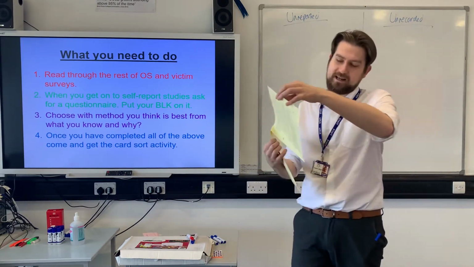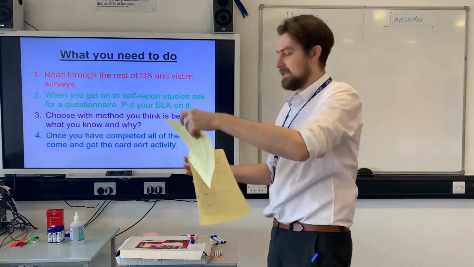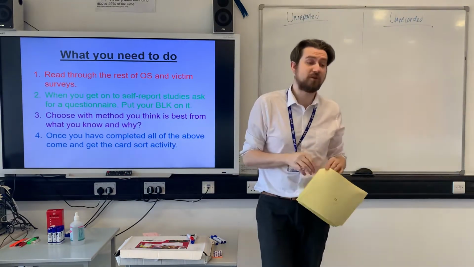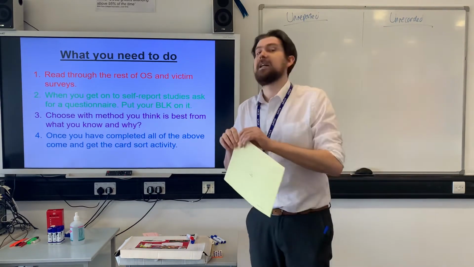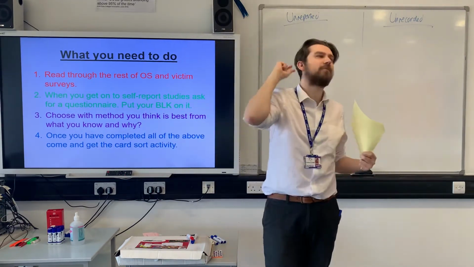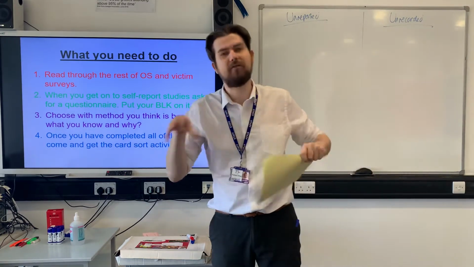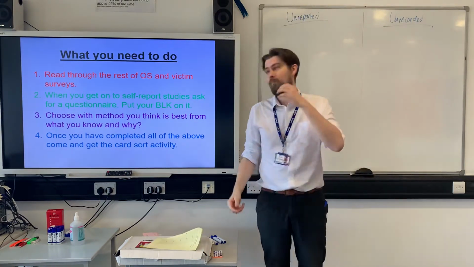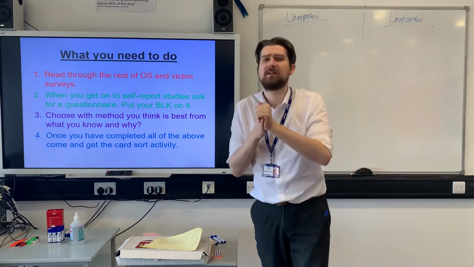On page 6, page 7, and page 8, there are some blank pages which will each focus on a different type of measurement of crime. I'm going to send out some cards now, and you'll be able to sort the cards into strengths and weaknesses of these different measures. I'll send it on a PDF so everybody can see it.